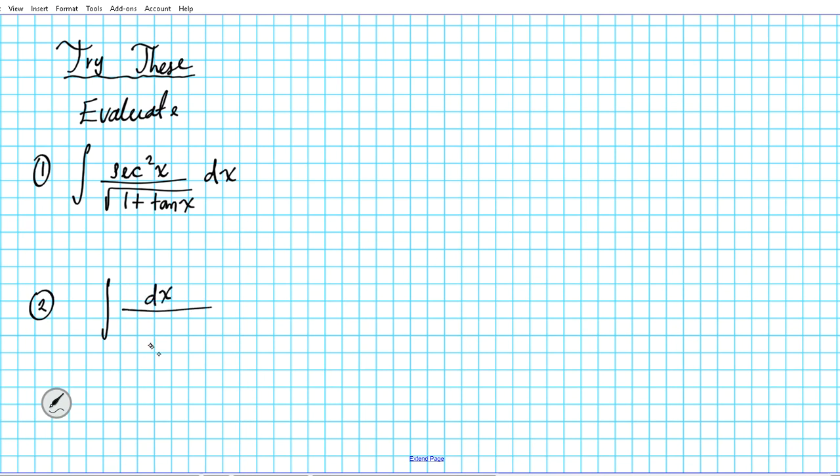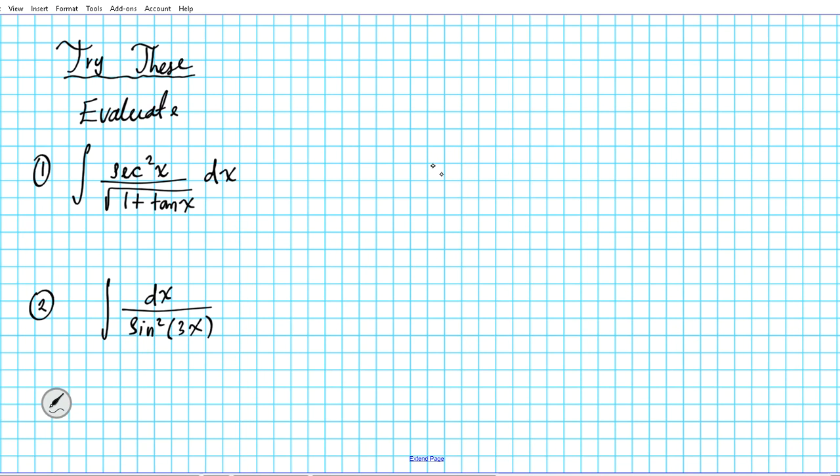Your task is as follows: evaluate the given integrals. So for question 1, what if you were to evaluate the integral of secant squared x over the square root of 1 plus tan x? Number 2, what if you were to evaluate the integral of dx over sine squared 3x dx?